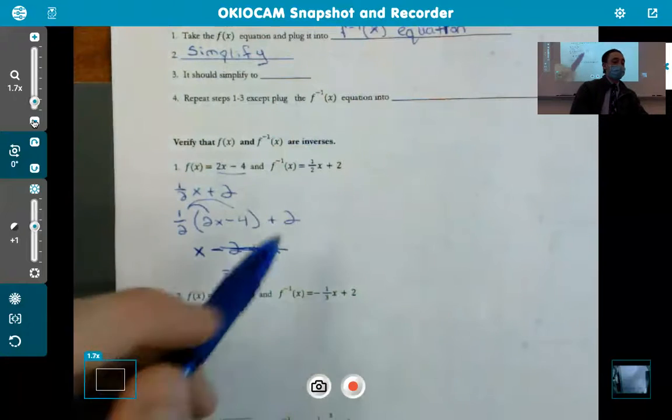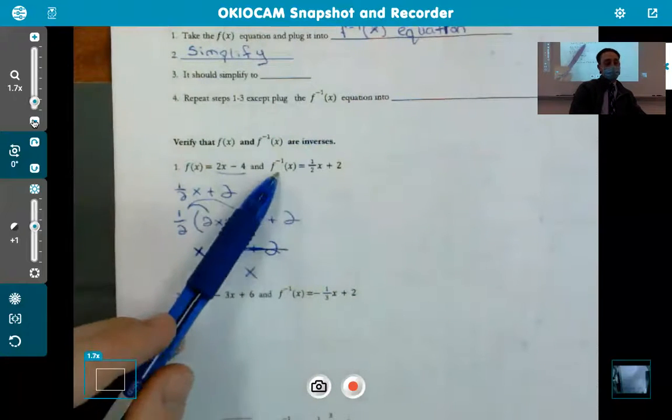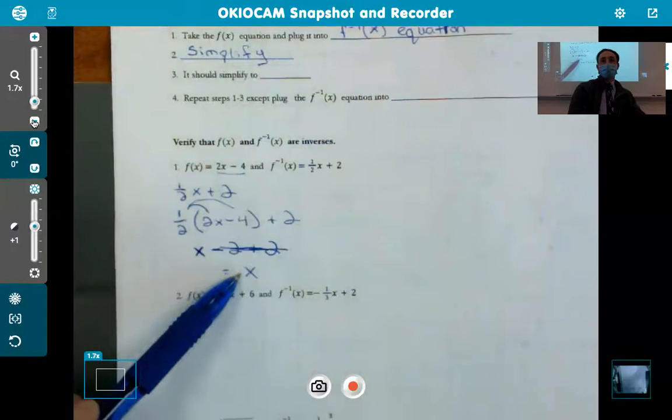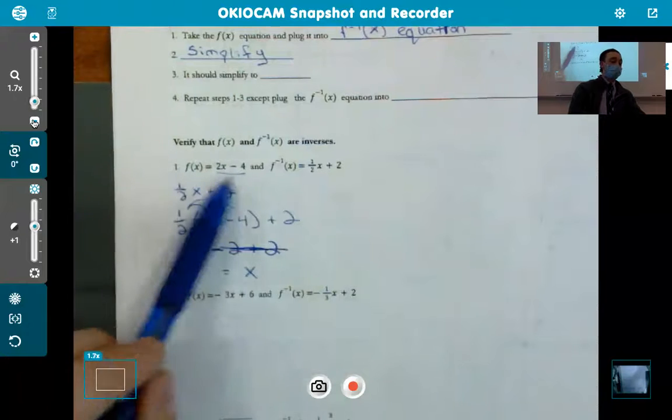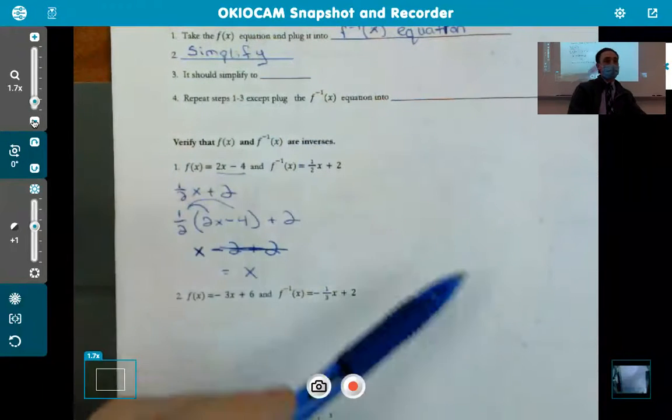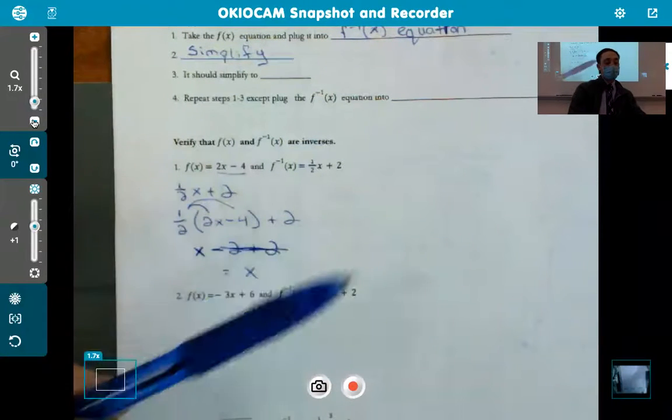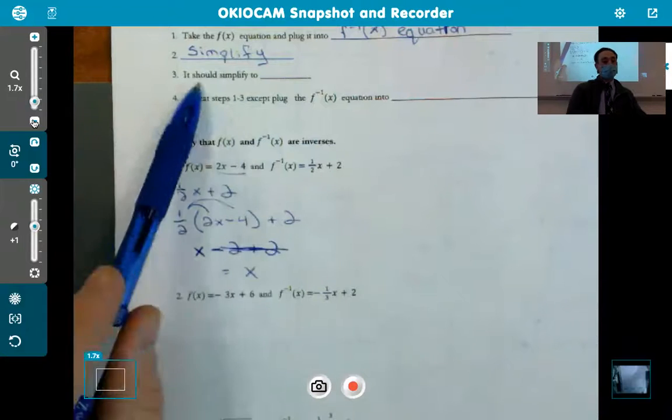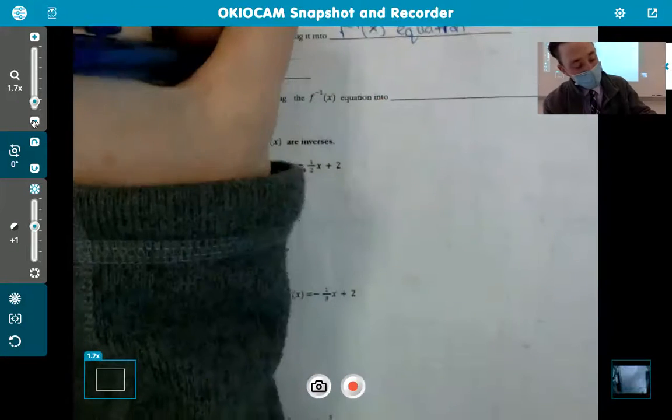If that function is the inverse, you should always be left with x when you plug the function into its inverse, and vice versa. And we're going to see that in the next section here. Should always be left with x. So that's what that third step is saying. It should simplify to x every time.